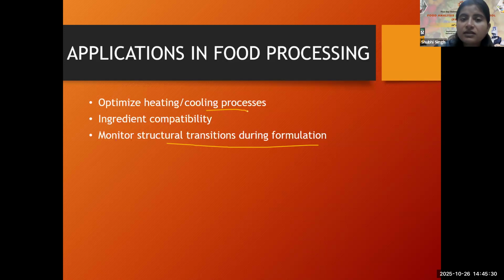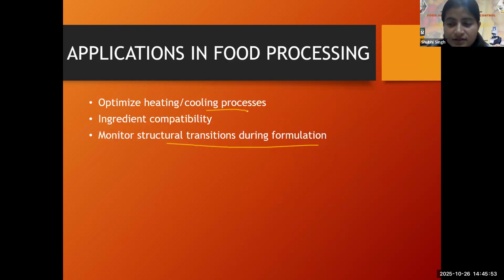So DSC will help you maintain an optimum temperature for your peanut butter, and then you can store it at that ambient or optimized temperature only.